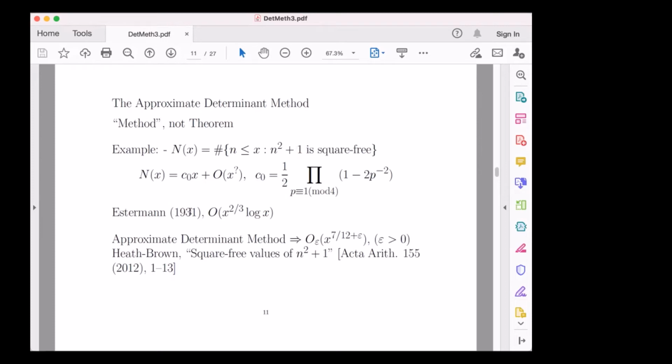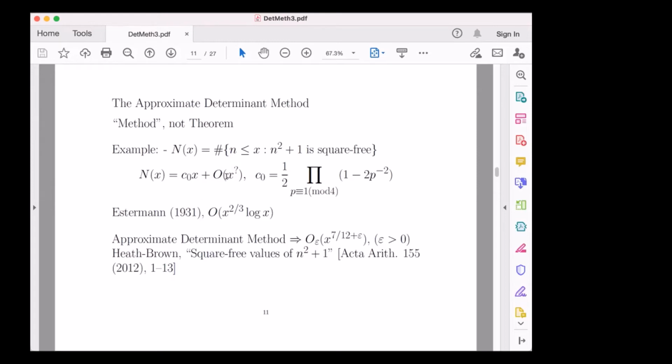And there's a theorem of Estermann going back to 1931 that says that the number of n up to x for which n squared plus 1 is square free has an asymptotic formula with leading term c0 times x and an error term with a power saving. The leading constant is this thing here. It's an infinite product, convergent, positive value.